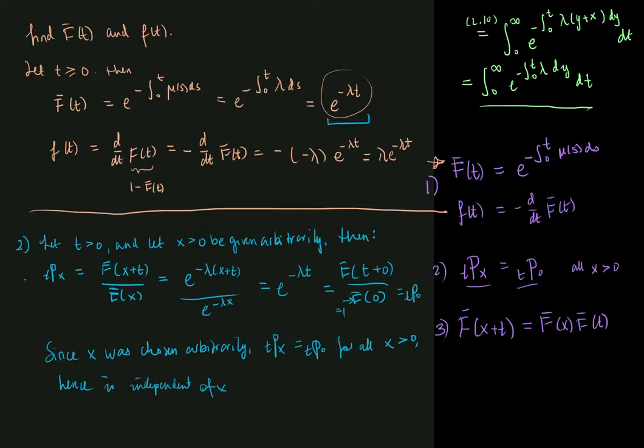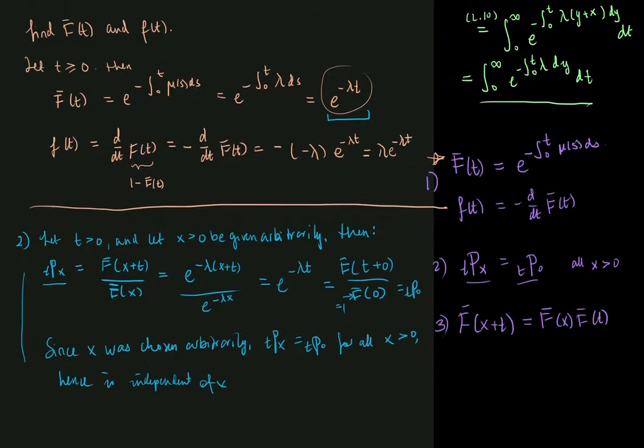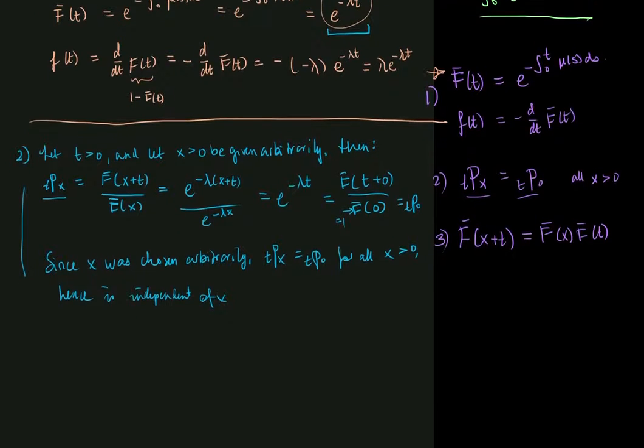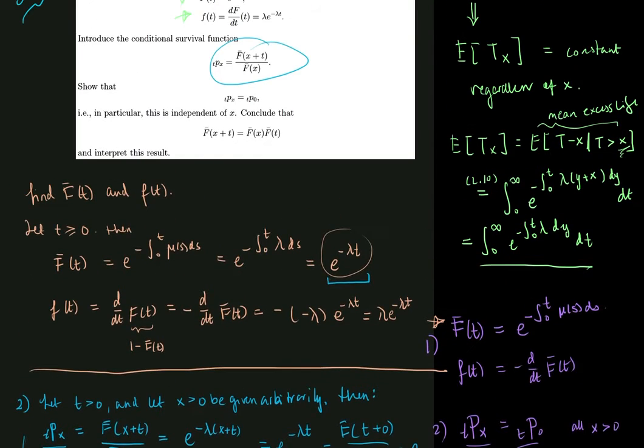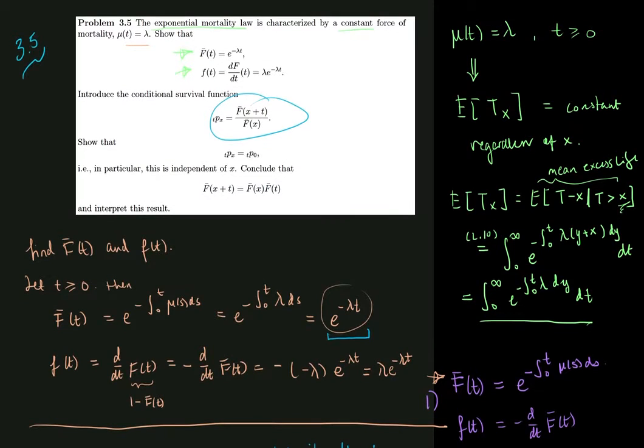Now, if exercise 2 went a bit too quick for you, and you're like, hey, what went on there? Then it is probably because you have not yet understood the expression tpx. So just get that notation, become familiar with it. Just to freshen up, tpx is the conditional survival function.